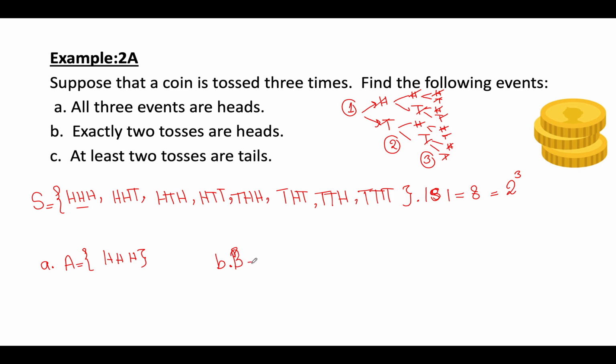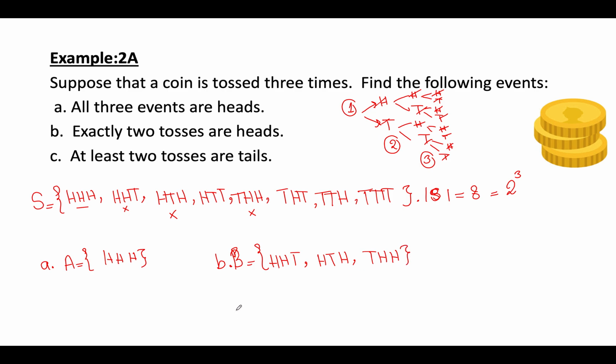So here the event B is that I need to have exactly 2 tosses head. So here we've got 1, 2, 3. In this event I might get head, head, tail, or head, tail, head, or tail, head, head.